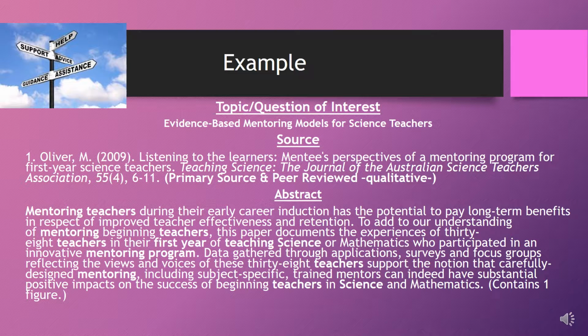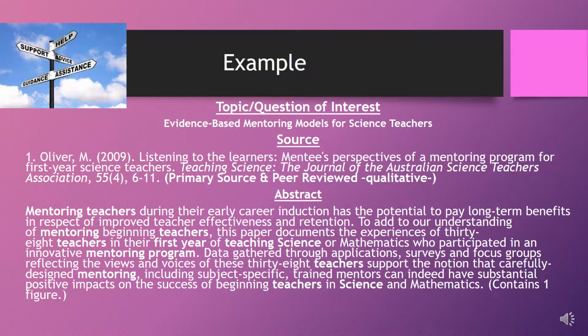Please list near your source if the article is a primary or secondary source, if it is a qualitative or quantitative study, and if it is peer-reviewed. If you do not list this on your assignment, I will send it back to you without a grade. This part must be completed.